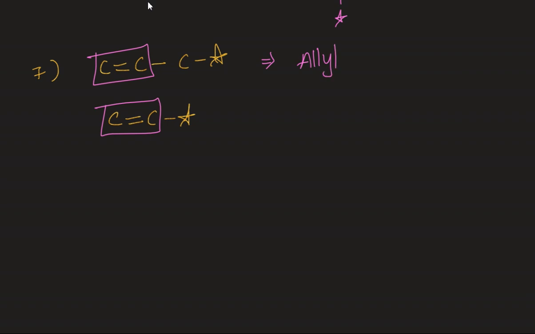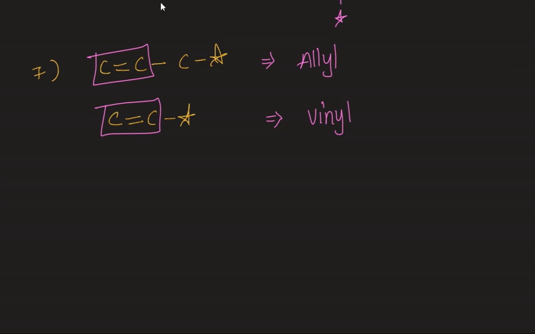Suppose the star mark is chlorine, then I should call it allyl chloride. If it is OH, allyl alcohol. Whereas if it is directly attached to the double bonded carbon, then you should call it vinyl. So know the difference between allyl and vinyl. In vinyl, the star mark is directly attached to the double bonded carbon, whereas in allyl, the star mark is attached next to the double bonded carbon. Got clarity between allyl and vinyl?